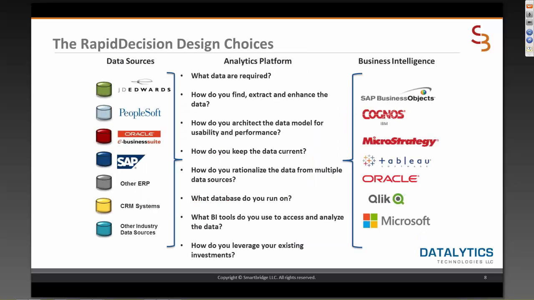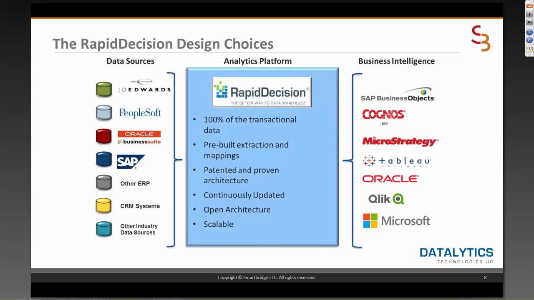That brings us into the RapidDecision design choices. We have addressed all of these questions that come up here when you're deciding to build or implement an analytics platform. RapidDecision solution is a pre-built solution. We've extracted 100% of the data, pre-built extractions and mappings to enhance that data out of Data, doing all of those things that need to be done so that the business user experience is better. It's a patented and proven architecture that's been implemented at hundreds of organizations around the globe.